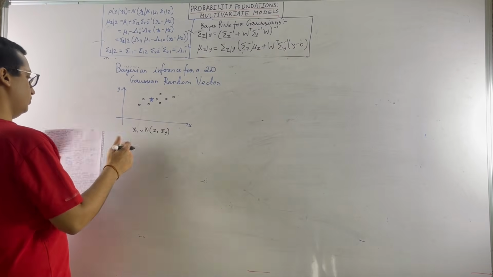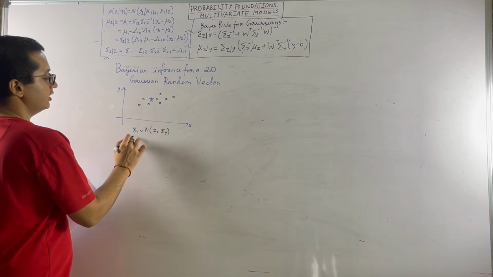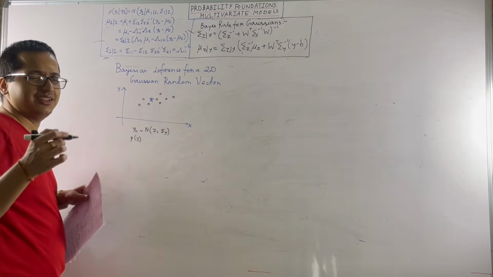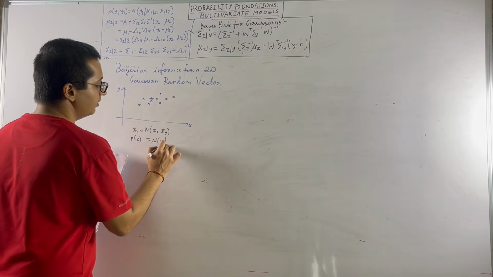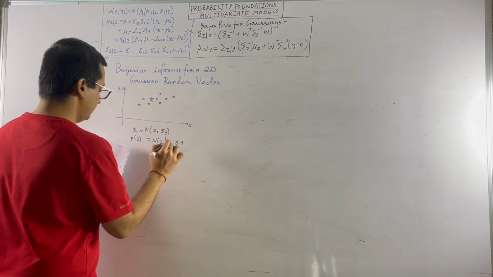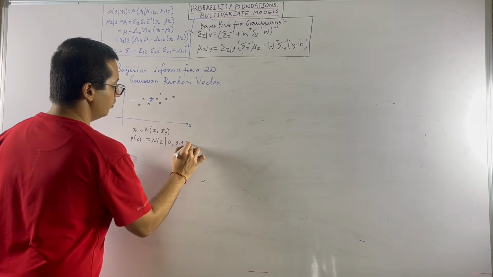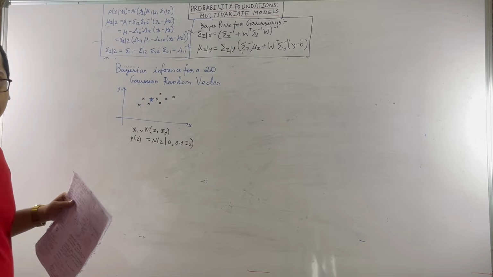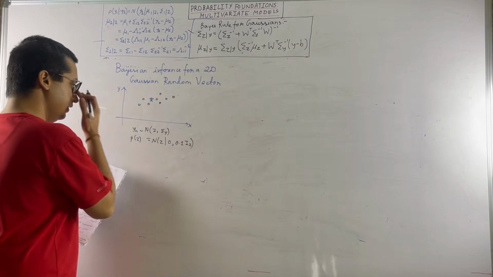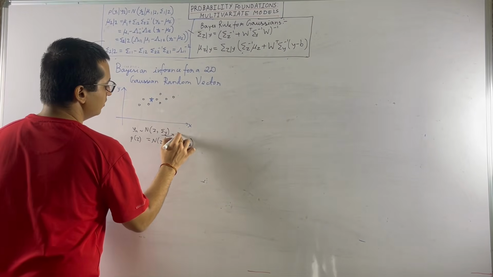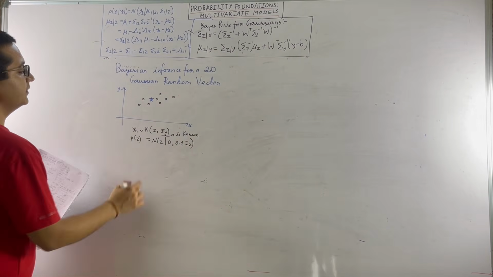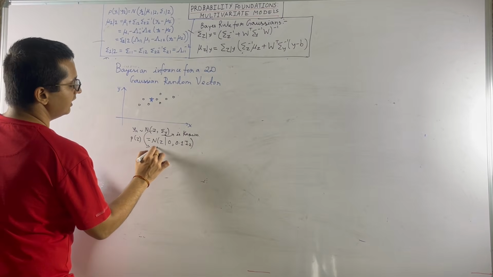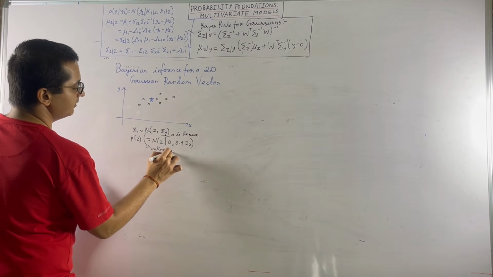The location of the plane is not known, so I assume a prior for it: z sampled from a normal distribution with covariance I2, the second order identity matrix. Sigma y, the noise covariance, is known, but z is unknown, which is why I assumed a prior for it.